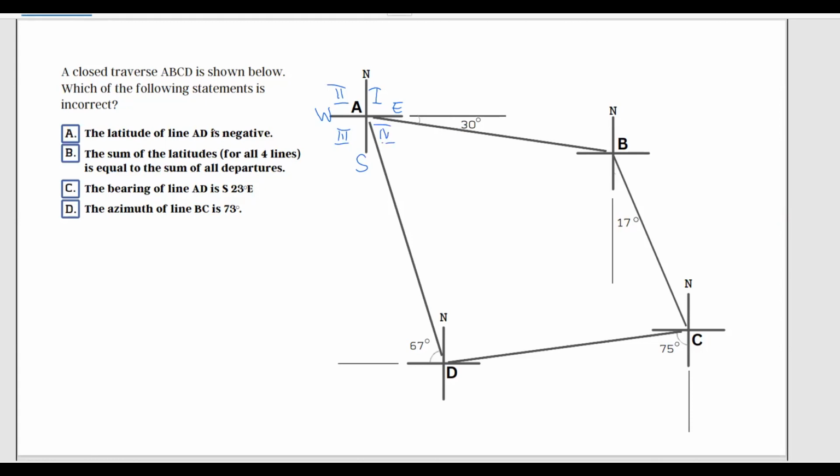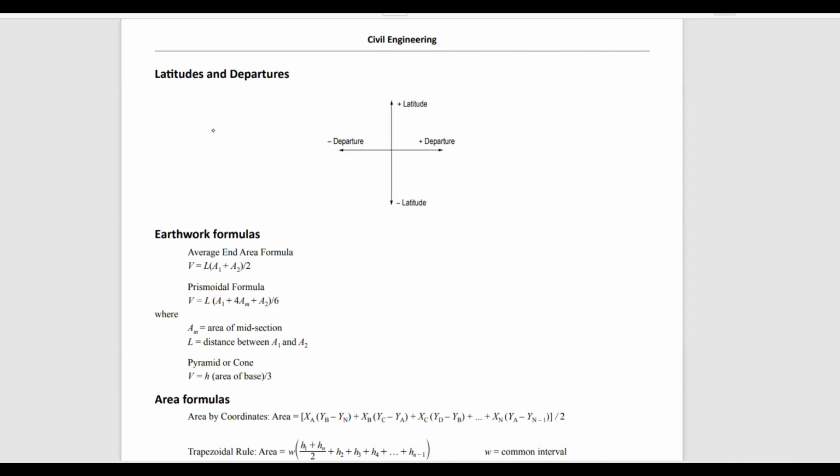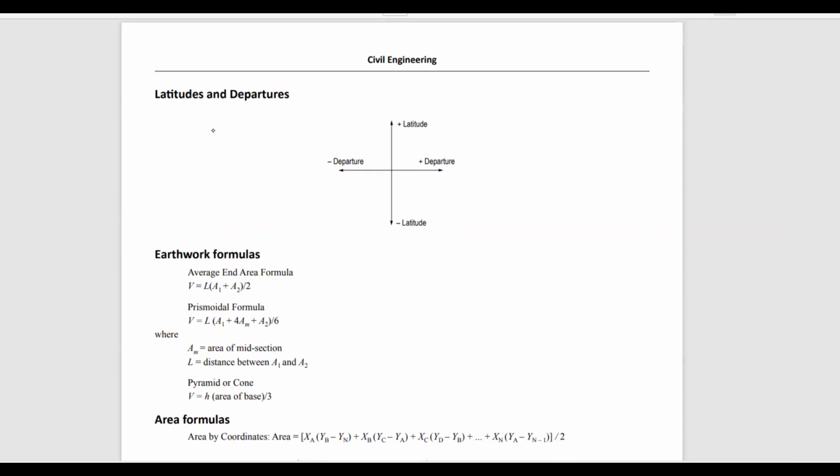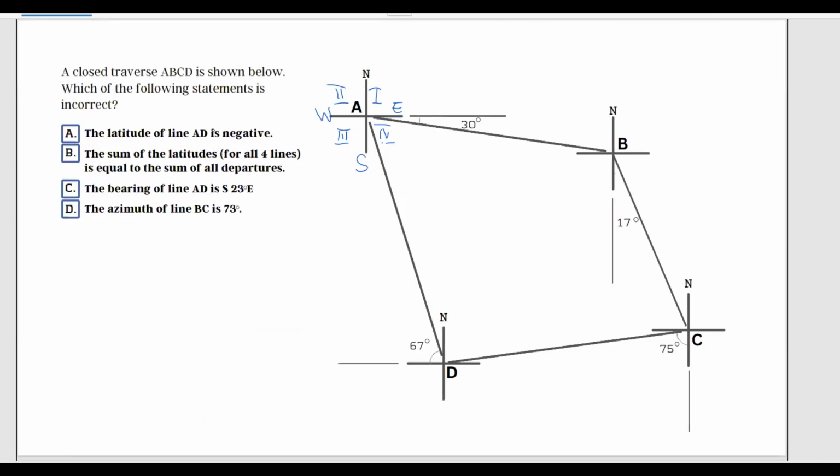Going back to the FE handbook, in the 4th quadrant, line AD is something like this. And notice how in the 4th quadrant, latitude is negative indeed. So this statement is correct. So I'm going to do a mark like this.